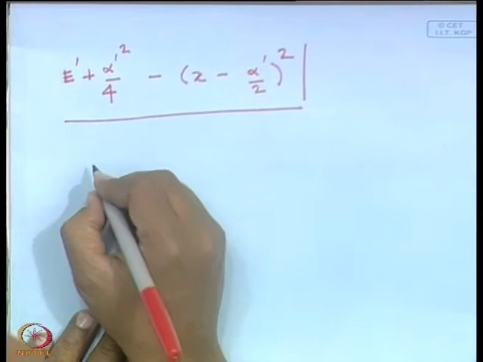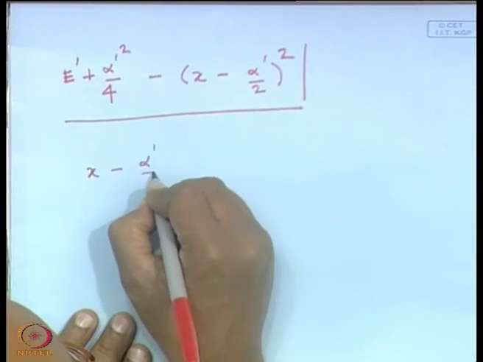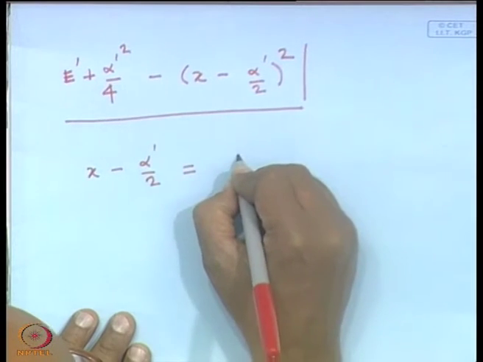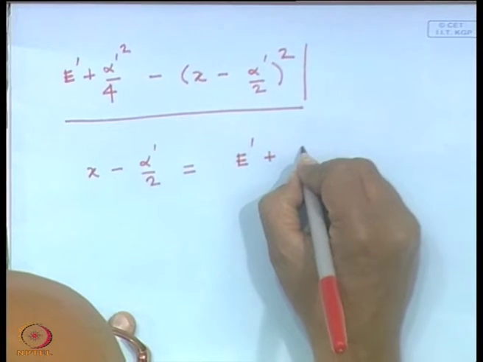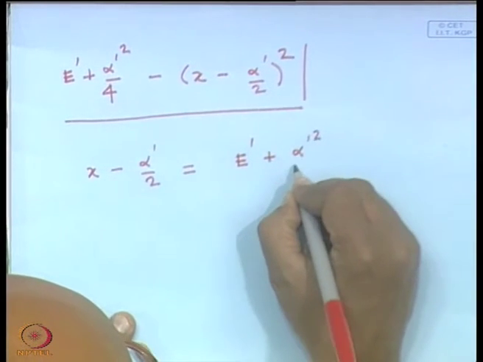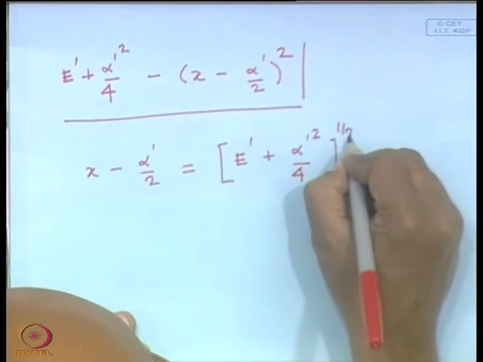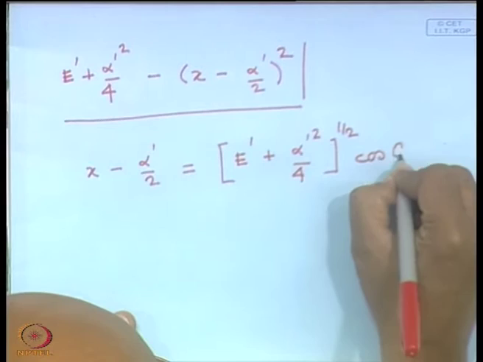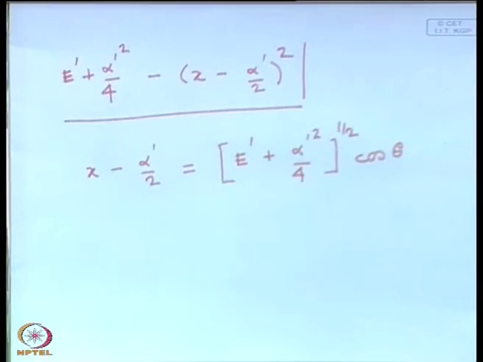What we will do is say that x minus alpha prime by 2 is equal to (E prime plus alpha prime square by 4) to the power of half, times cos theta. With this substitution, this is quite straightforward now.